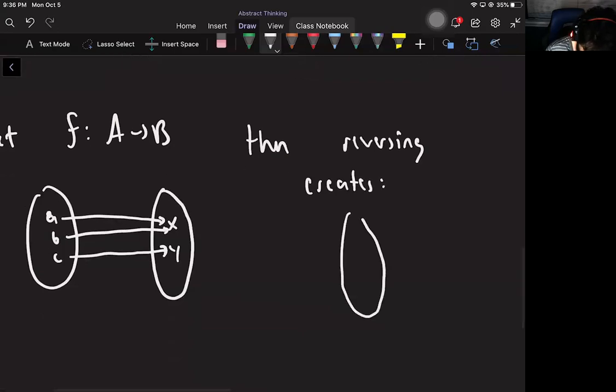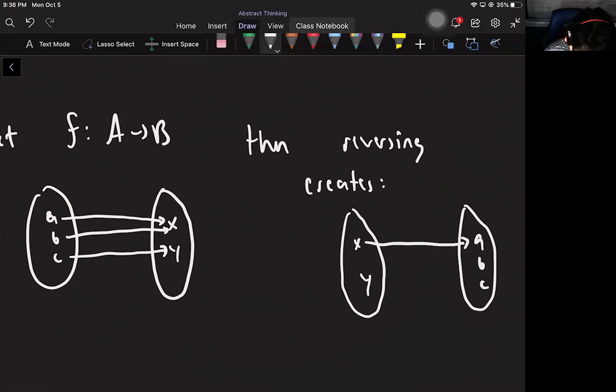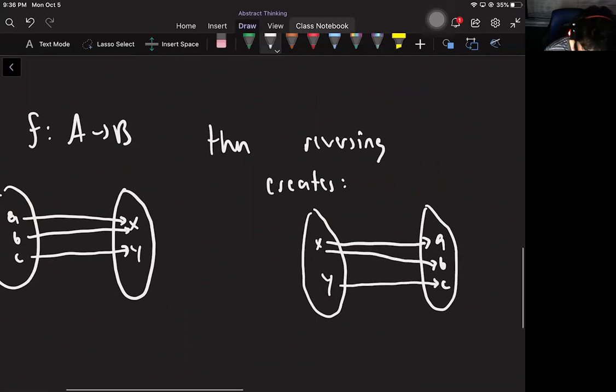So reversing creates the following. I'm supposed to send X and Y back to A, B, and C according to just doing this in reverse. So X has to go to A, but it also has to go to B, and Y has to go to C. But what's wrong with this picture? This is no longer a function. So reversing this process creates something that's not a function.